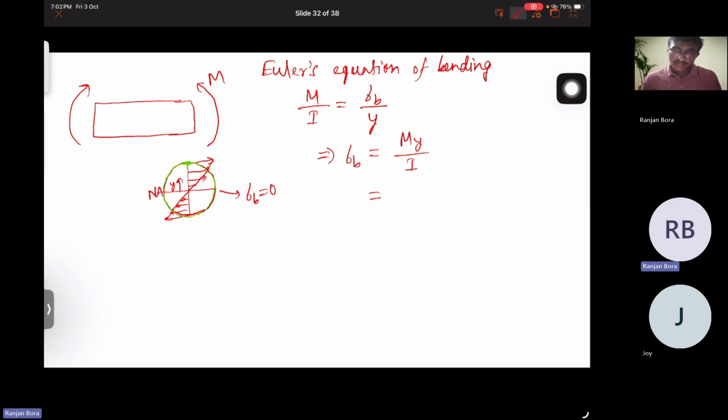So in the question, it is asking the maximum bending stress. For maximum bending stress, sigma B max is M times y divided by I. The maximum value of y is the radius of this cross section. The value of bending moment M is 2.4 into 10 power 5.